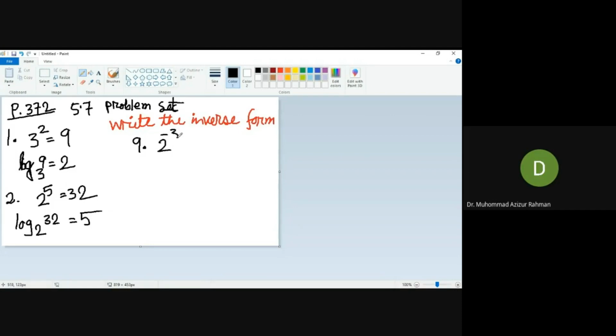What should we write? Log base 2 of 0.125 equals minus 3. So this will be our answer.